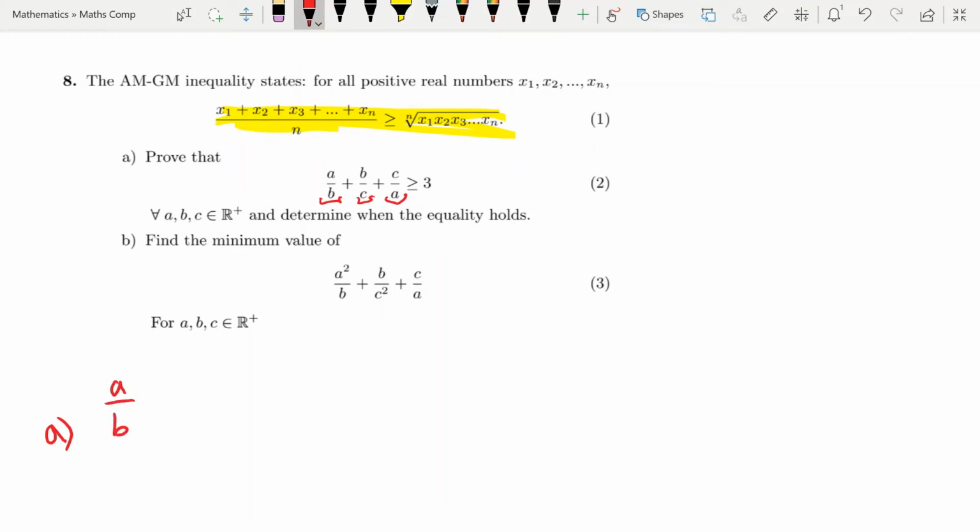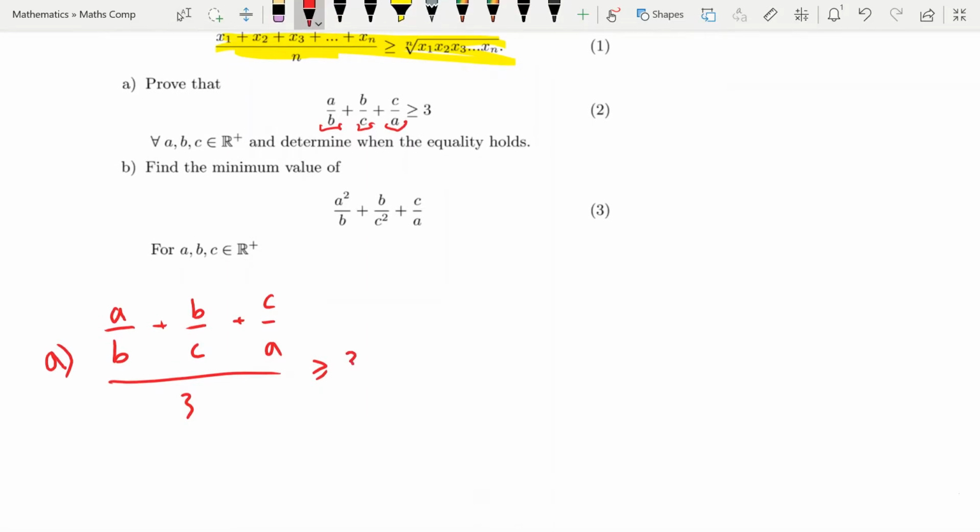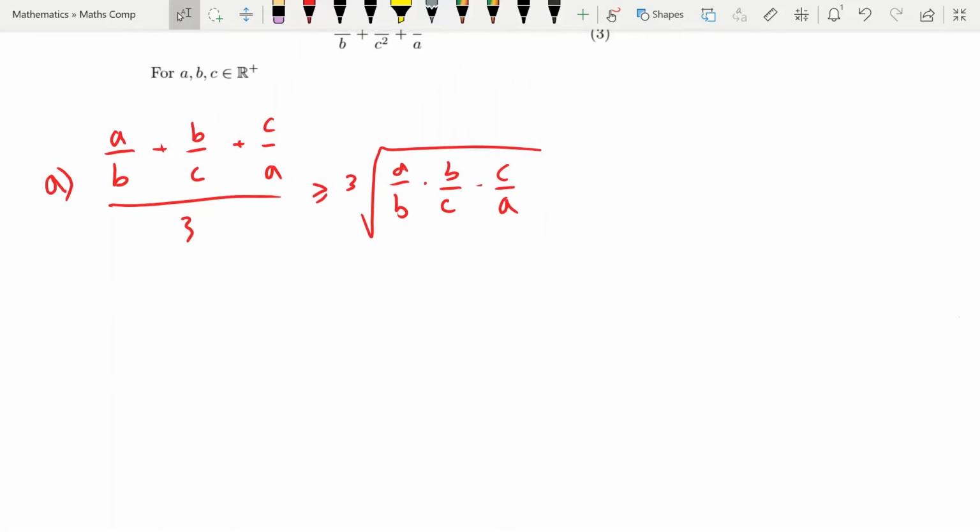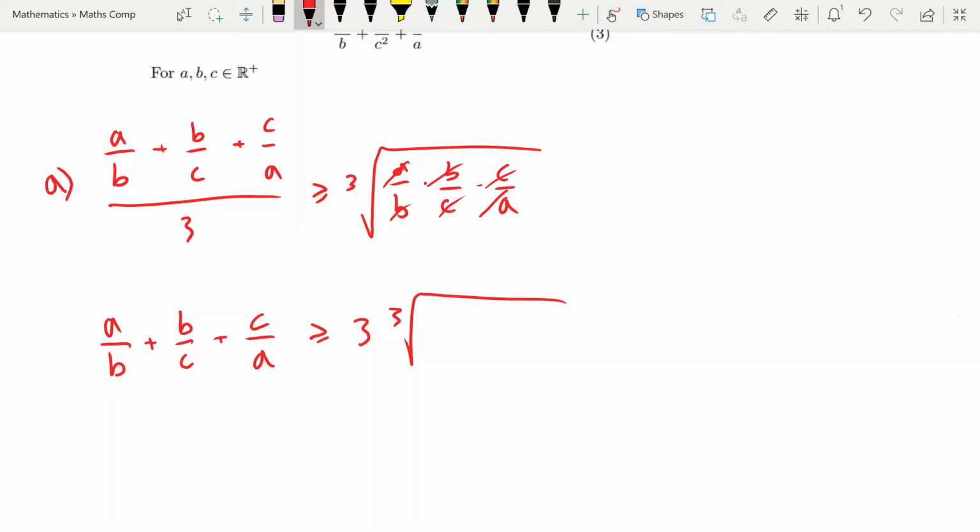Well, we know A over B plus B over C plus C over A over 3 is all greater than or equal to the cube root of the product A over B times B over C times C over A. Multiplying through by 3, we get that A over B plus B over C plus C over A is greater than or equal to 3 times the cube root of this, but look, the A's cancel, the B's cancel, the C's cancel, the cube root of 1.